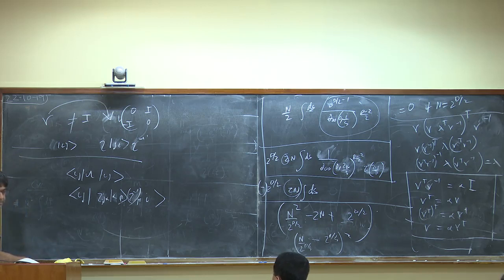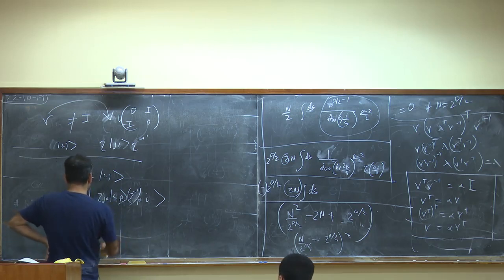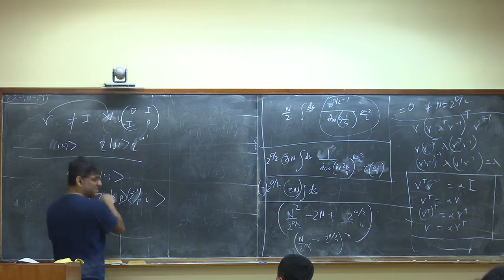Is this good? Now, how does this work? The way this works is this inner product here is only non-zero if alpha is equal to i and j is equal to beta.